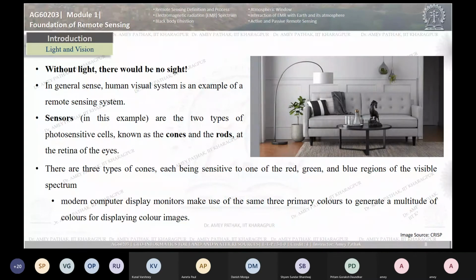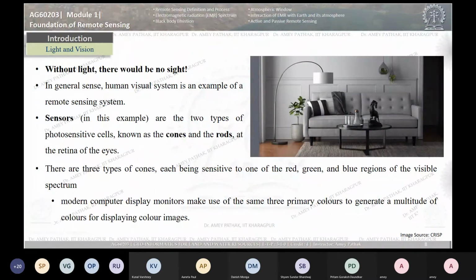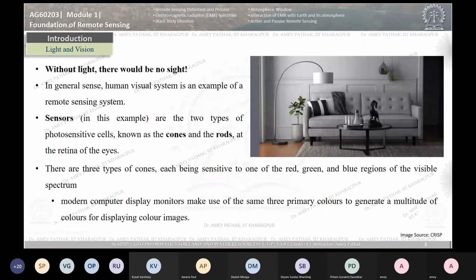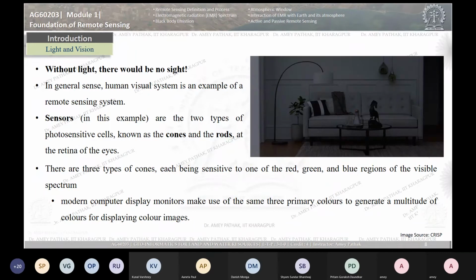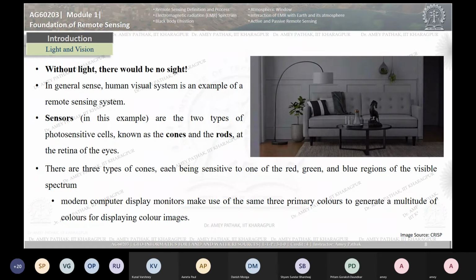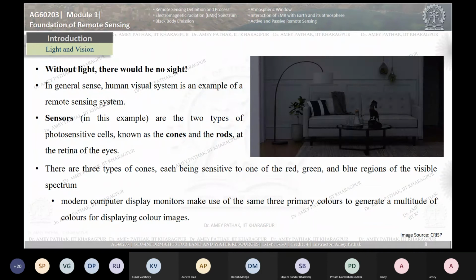The sensors in this example, our human vision, are two types of photosensitive cells. Photosensitive means the cells that are sensitive to light. Those cells are cones and rods, which are located at the retina of the eye.